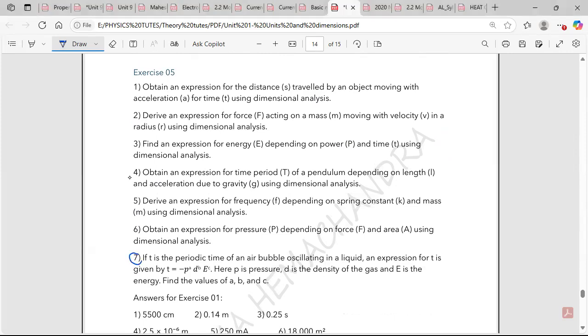Let's do the seventh one. Fourth one we already did, right? Time period of a pendulum. Let's do the seventh one.